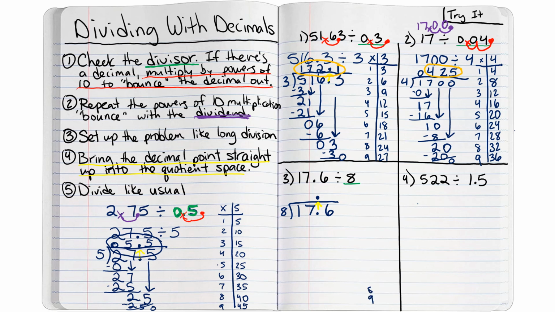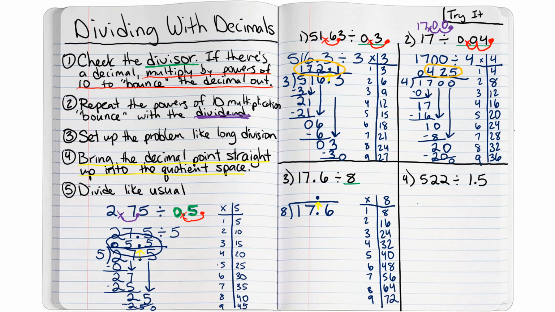I'm going to write it backwards this time so I can see where to start it so I don't run out of space. There we go. 8, 16, 24, 32, 40, 48, 56, 64, 72.